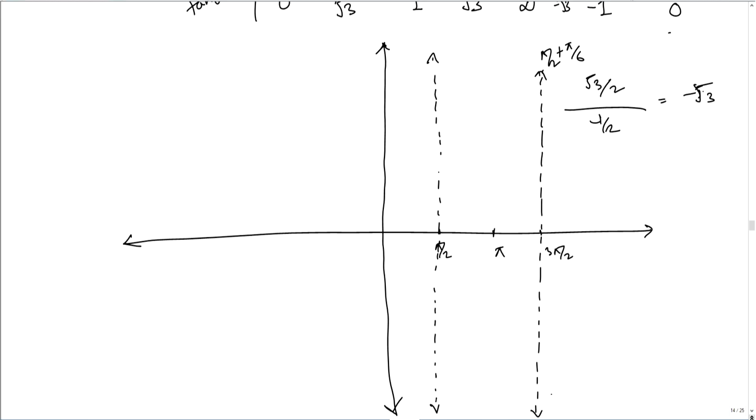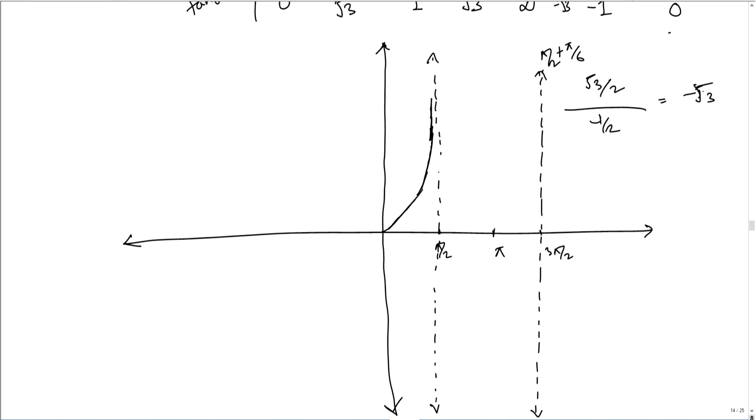From what we have seen, the graph would look something like this. It starts at 0 and increases almost linearly, but then it suddenly grows near pi by 2.